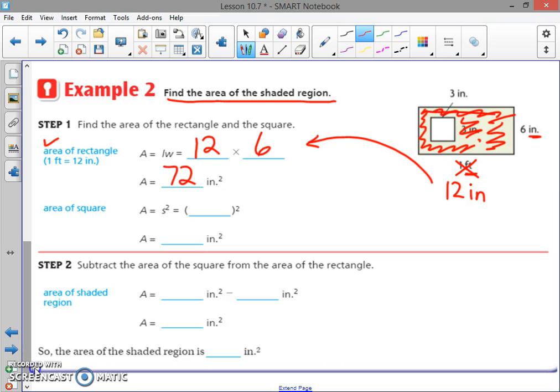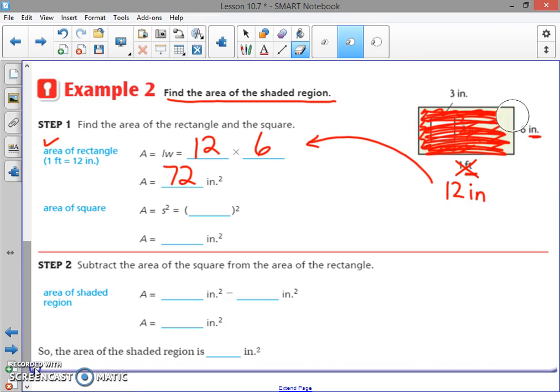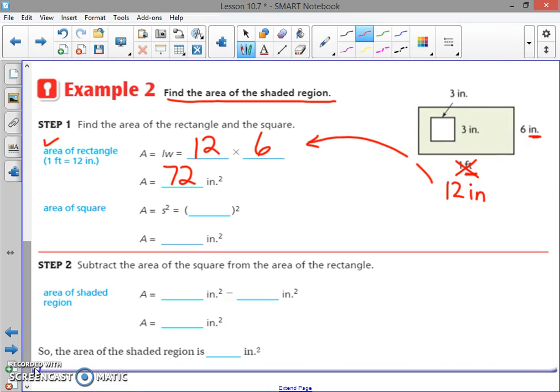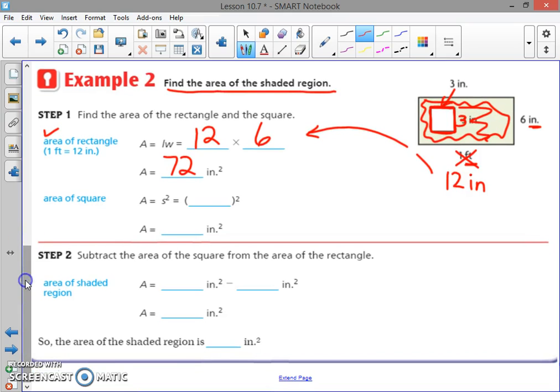Now that's for this entire rectangle. So think to yourself for a second. That's the entire rectangle, but we only want this much. So what do we have to do with this area of this square? I'm thinking, and we know it's a square, by the way, because that says it's 3 inches and this says it's 3 inches. So that area of the square is 9 inches.